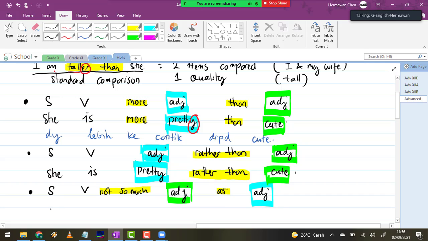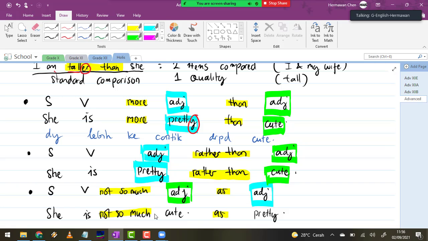Now the sentence becomes, she is not so much. What is green? Green is cute, right? Okay, let's take it there. Then we use "as". What is blue? Blue is pretty. That is the result. We use this pattern, not so much as. We use green first, cute, and then we use blue, pretty. Okay, it's swapped, guys.